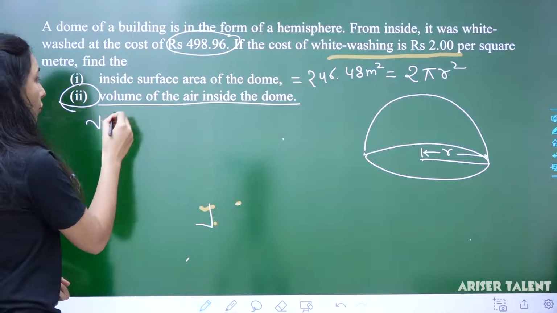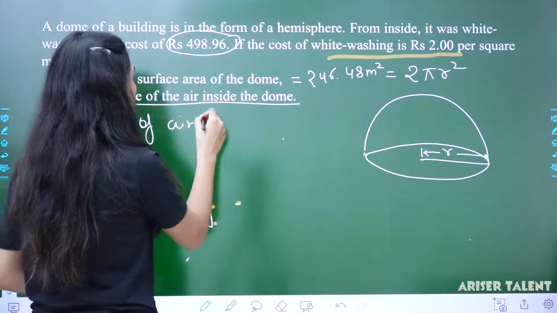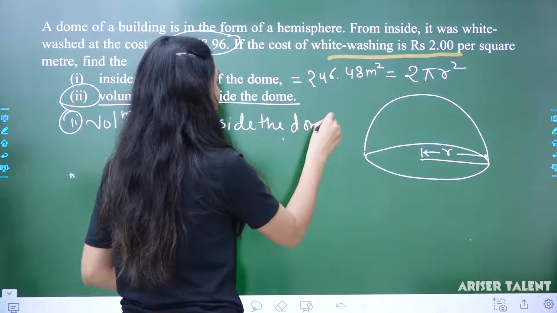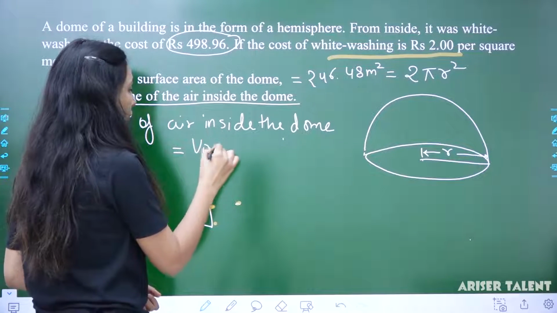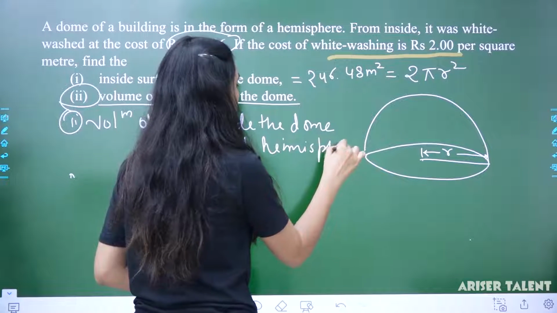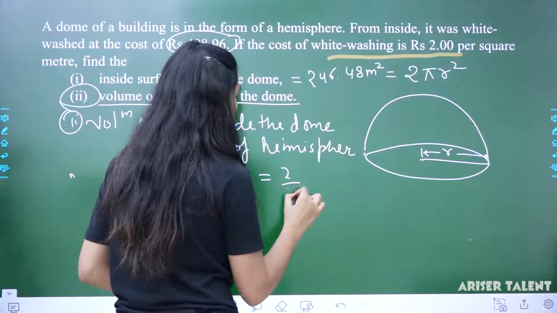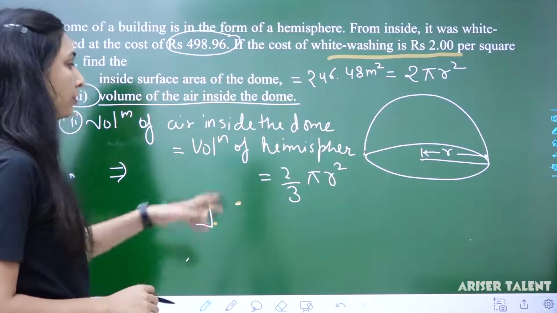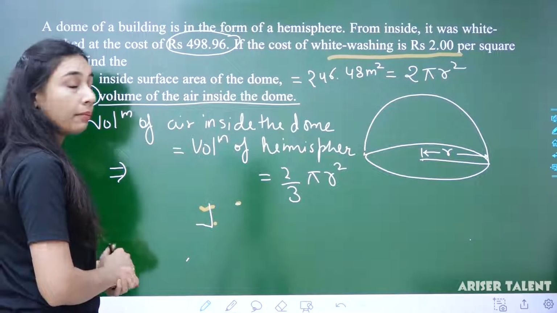So, volume of air inside dome is equal to volume of hemisphere. Now volume of hemisphere equals 2 by 3 pi r cube, sorry, not r square.